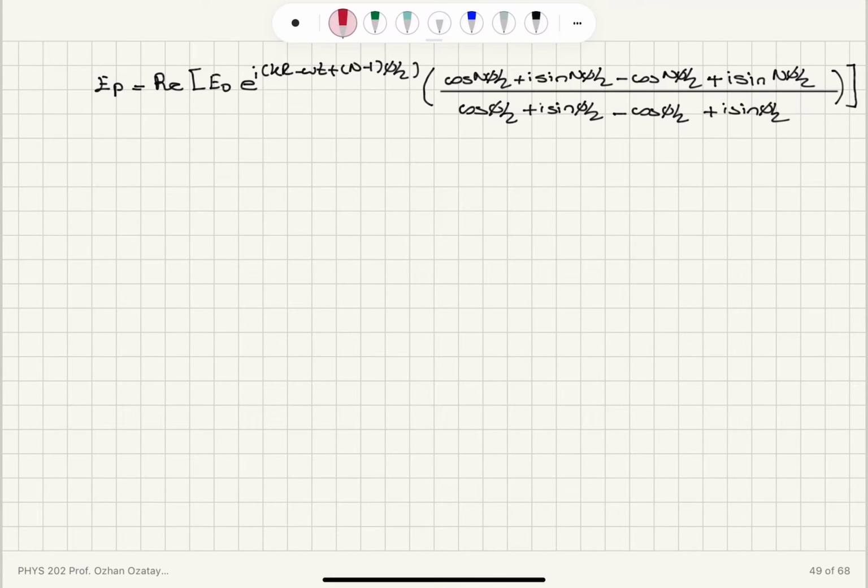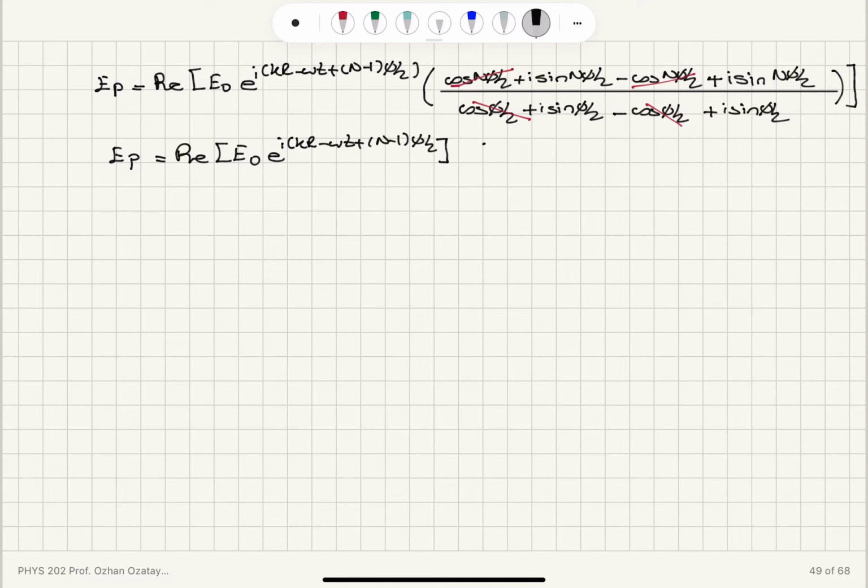So you can see that these cosine terms will cancel. So this cosine and this cosine, this cosine and this cosine will cancel. And I will have the electric field at point P equal to the real part of E0 e to the i(kr minus omega t plus (N minus 1) phi over 2).